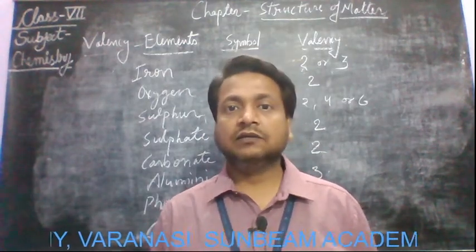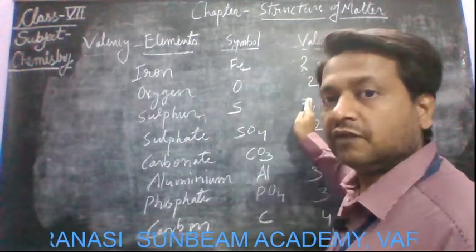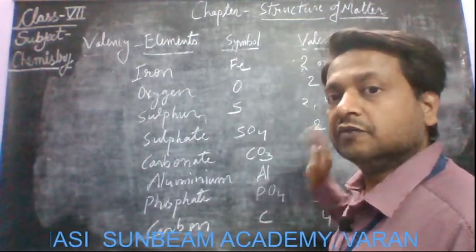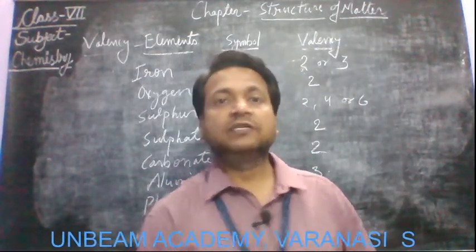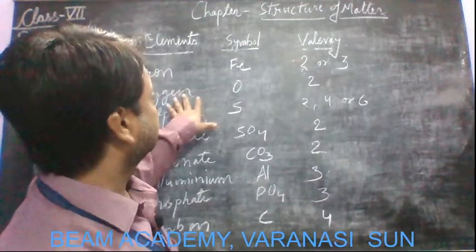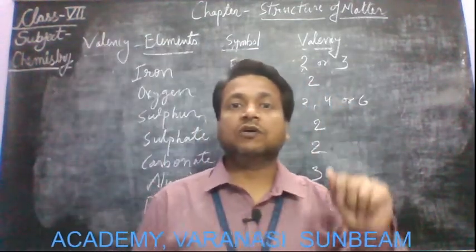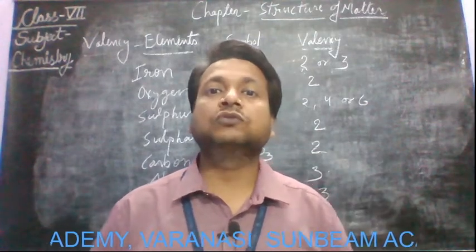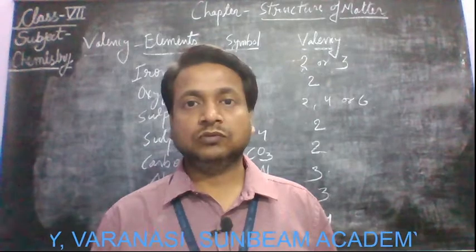Just like that, these elements have the capacity to join with different numbers of elements, and that capacity is their valency. As in the example, oxygen has the valency 2. It means that one atom of oxygen can join with two other elements because its capacity is only 2, not more than 2.